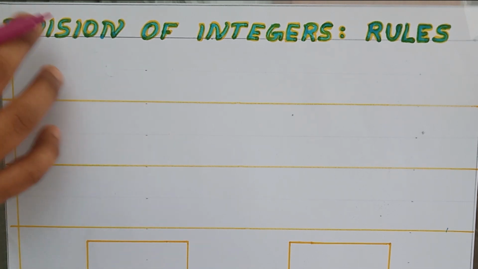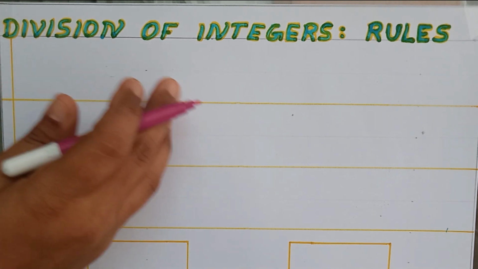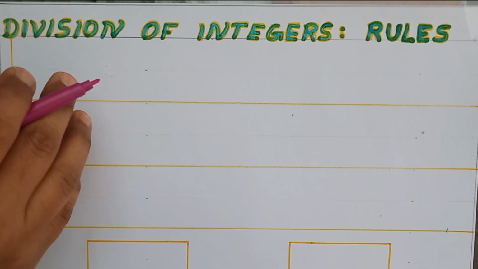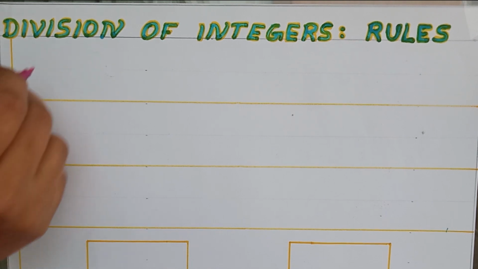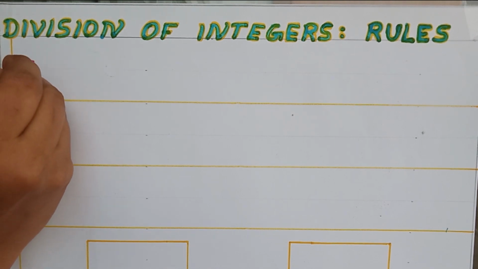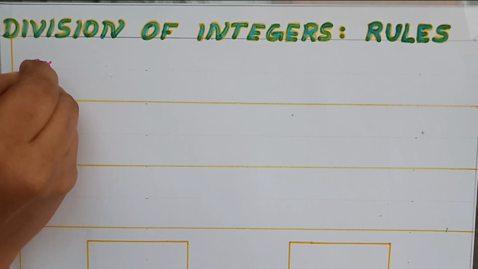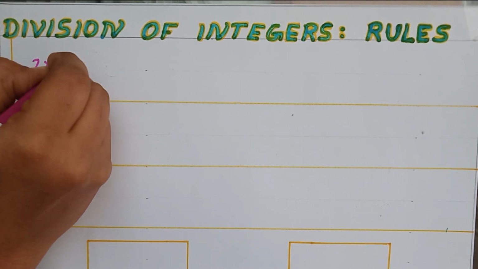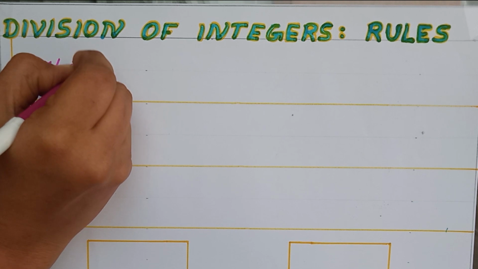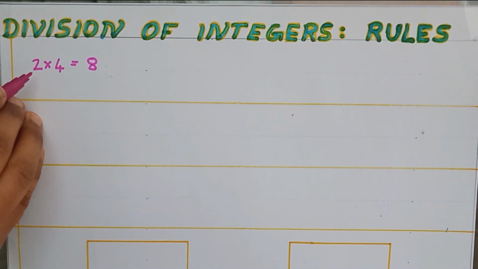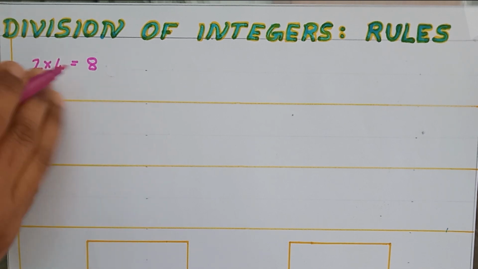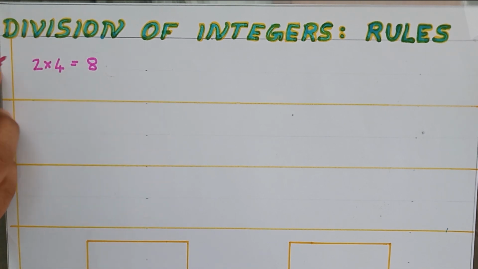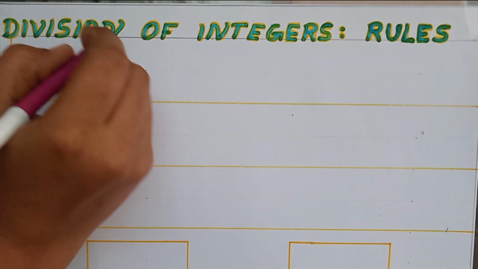We know division means it's a reverse process of multiplication. How? See, I will write here 2 into 4 equal to 8. This is a statement on multiplication. How can we rewrite this multiplication in terms of division? I will explain.